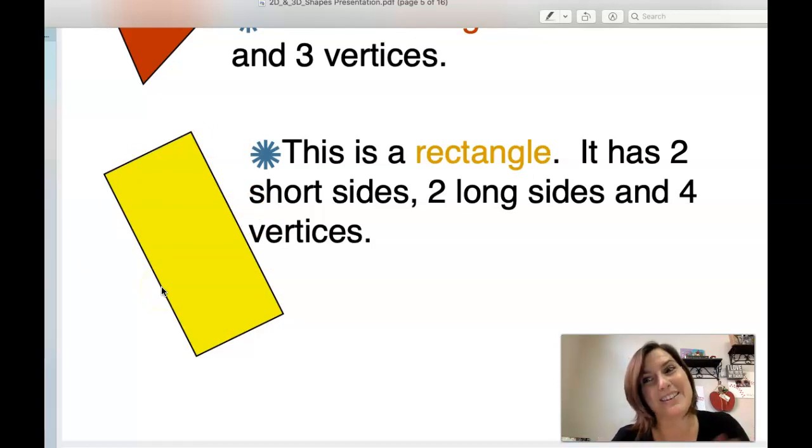Everyone makes mistakes, right? Let me say that again so that I make sure I say it clearly. 2 short sides and 2 long sides. And it has 4 vertices. 1, 2, 3, 4. And 4 sides altogether because 2 short sides plus 2 more long sides equals 4 sides altogether.